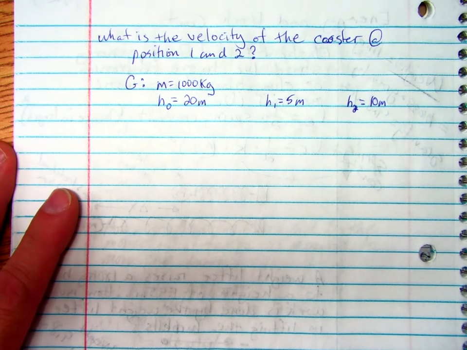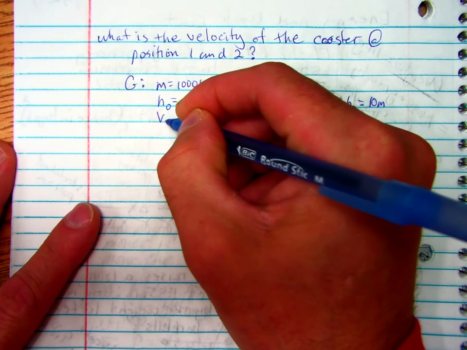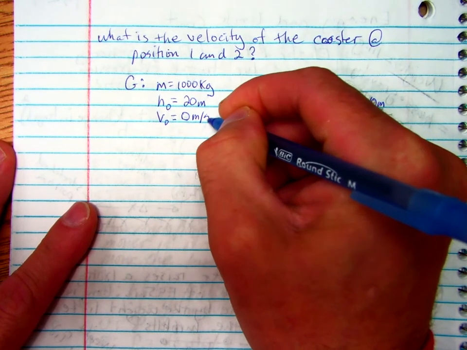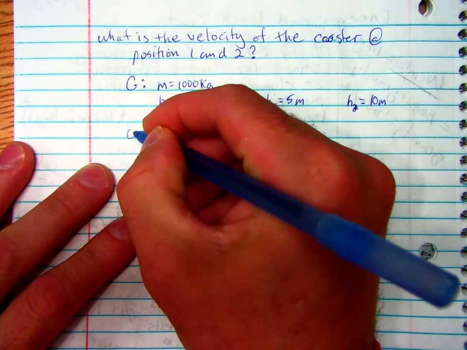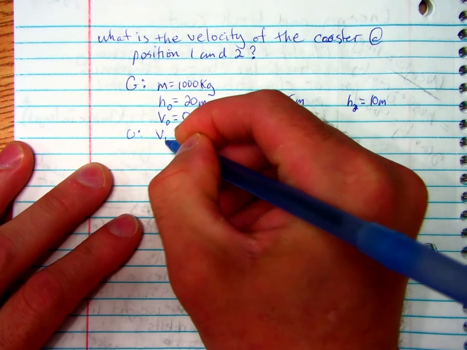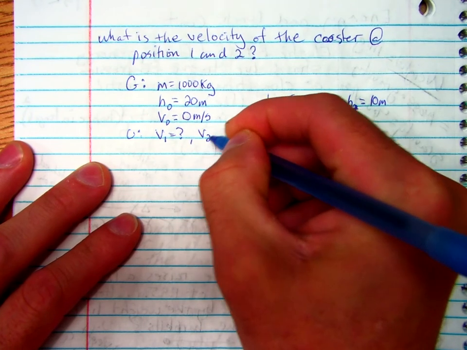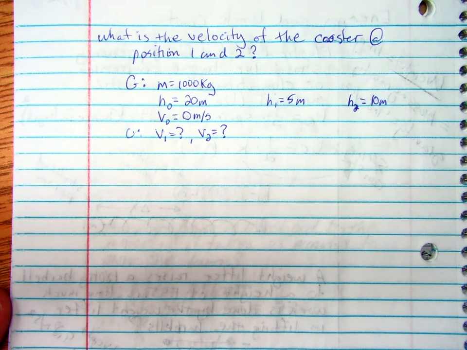Also, we were told that the initial velocity of the roller coaster, V0, is 0 meters per second. I'm going to show you a way that you don't have to have the initial velocity 0. As long as you know what the initial velocity is, you can still solve the problems. Okay, our unknown, we want to know what is V1 and what is V2. The velocity at position 1 and the velocity at position 2.